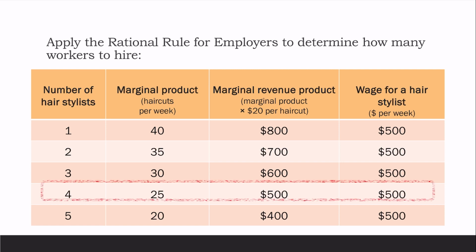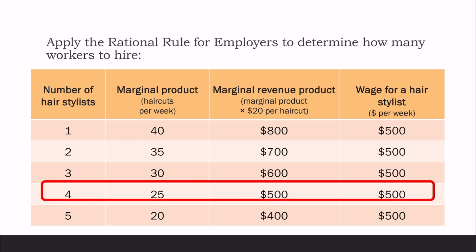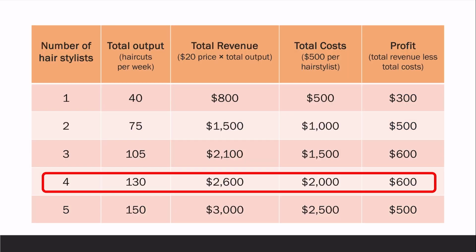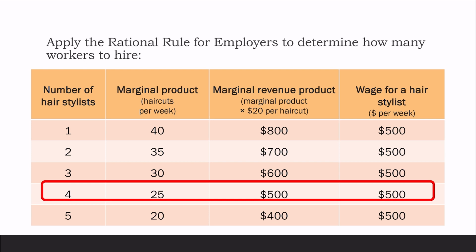So we see that we have to hire 4 stylists. The fourth one is going to produce 25 haircuts, and this way the marginal revenue product of this fourth worker is 500, and the cost is also 500. Now we have to see how much the profit is at that point.